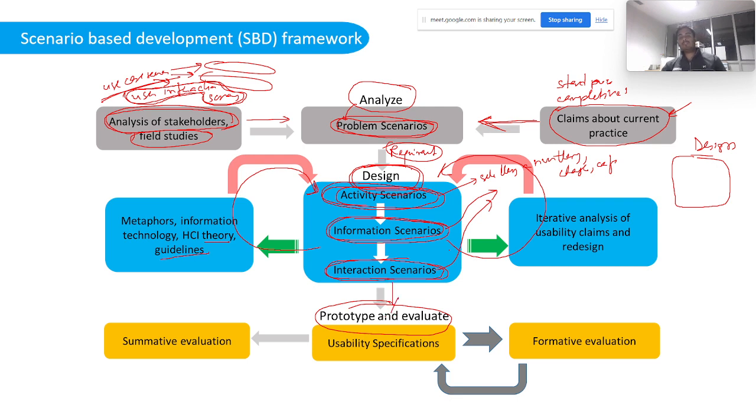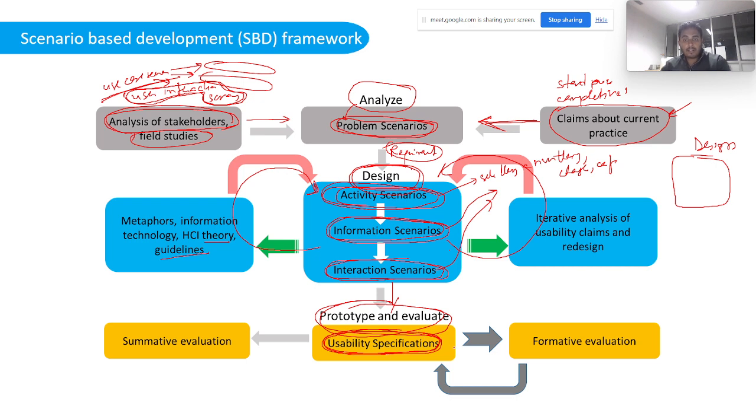You start first with low fidelity prototypes, and then you evaluate those. In the prototyping and evaluation phase, you first set a set of usability specifications. These are the specifications which your prototype will deliver, or based on which you will evaluate your prototype. Based on this usability specification, you can evaluate your design.